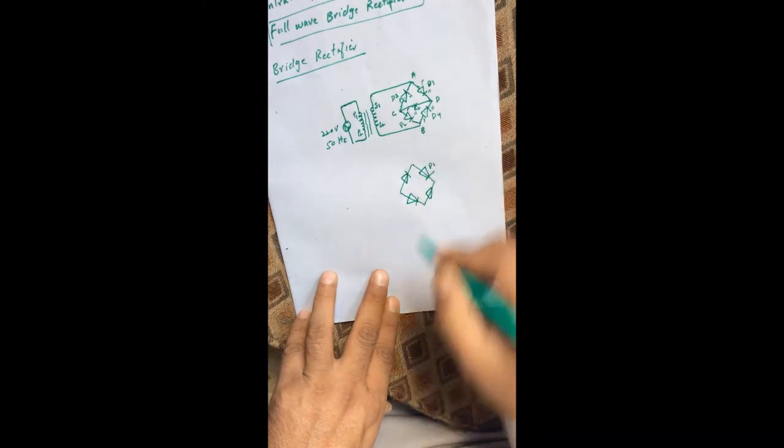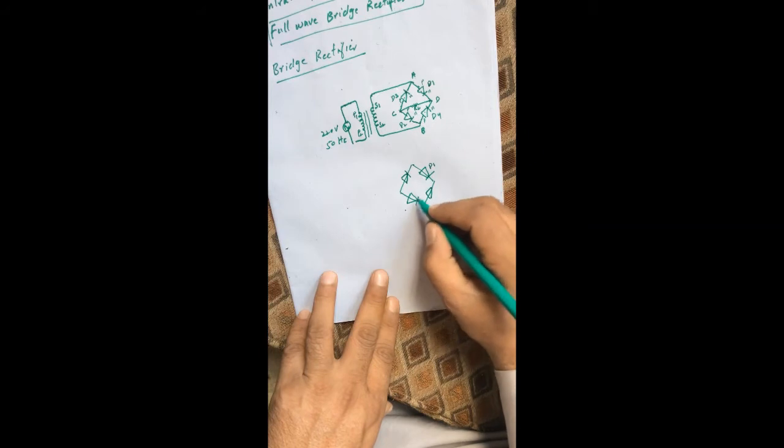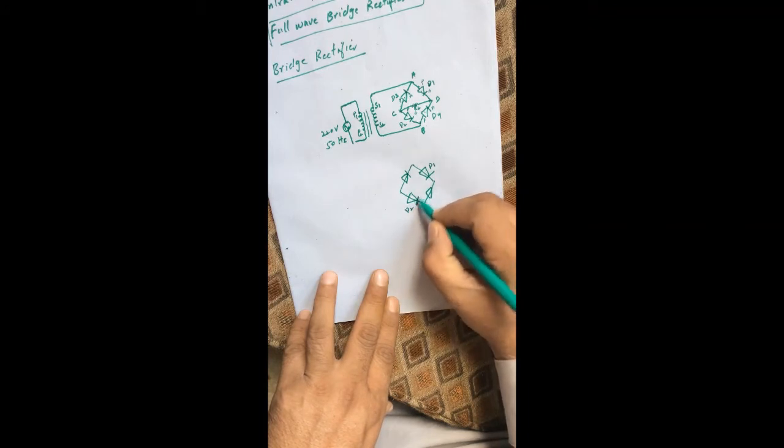Diodes D1 and D2, the opposite diodes, have the same direction.